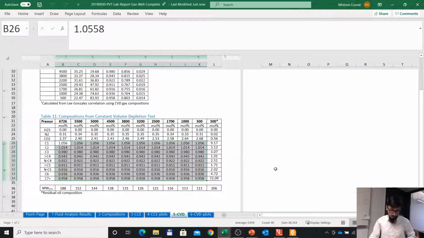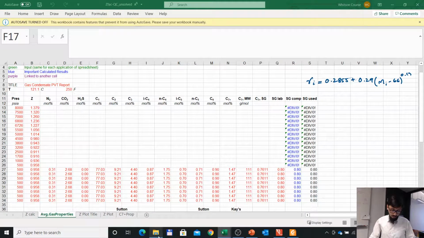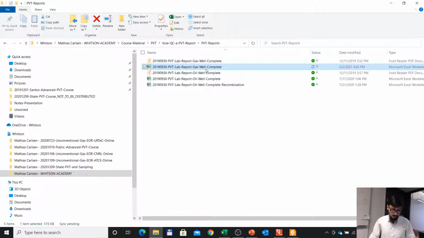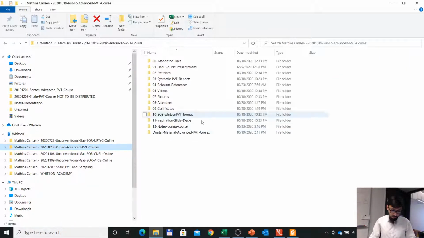It seems like there has been some error in this report, because I can see that these compositions have been changed. So what I can do is replace this PVT report here with the correct file.